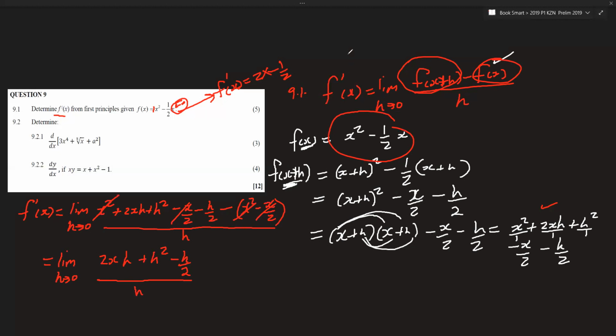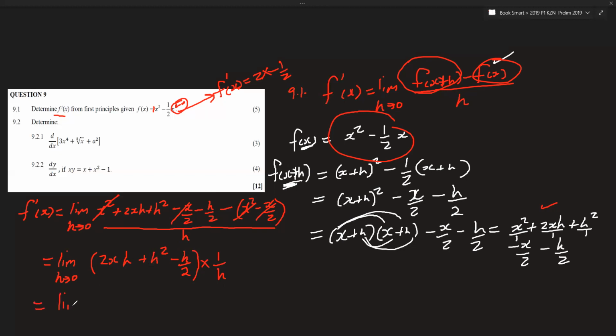Actually, I don't like writing it this way. If I have three terms, so I already have two things and another one, I would rather write it in this form. Remember, this can be written as multiplied by 1 over h. Okay, perfect. So now I'm going to take a common factor out. I'm seeing that all the terms have an h.